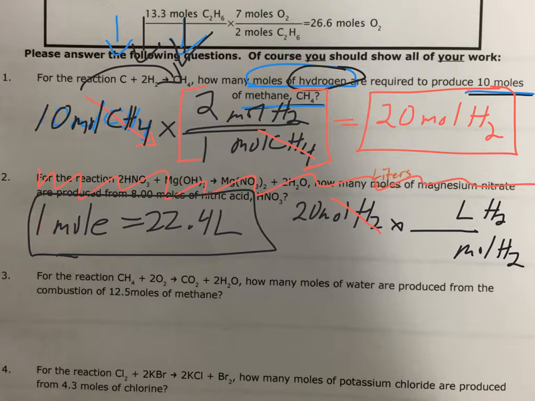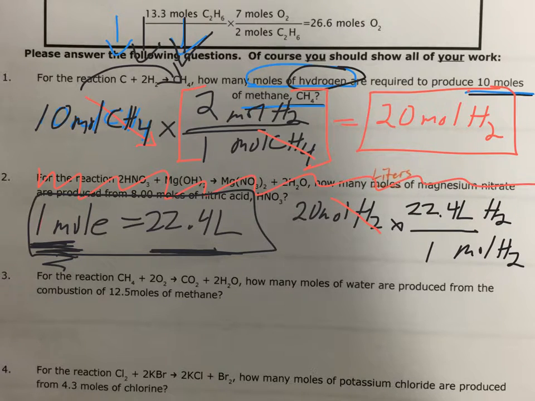Okay, now, from the conversion, what's my number for liters? 22.4. The 22.4 goes on top, and you're getting that right off of your conversion sheet. What's my number for mole? 1. Look at your conversion. It's just a 1, okay?